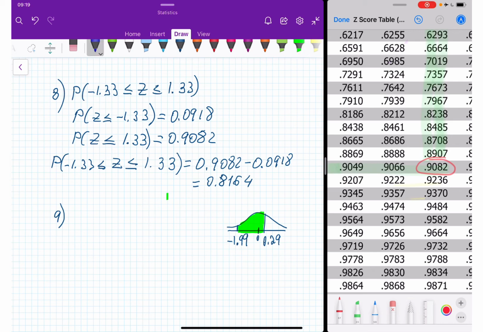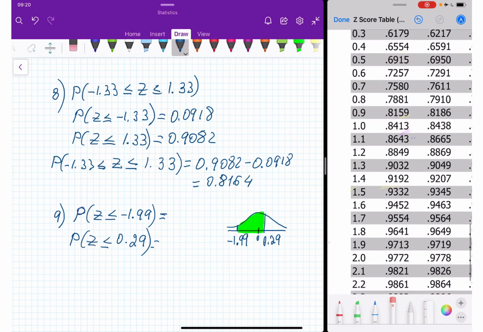Okay, so probability for z-score less equal negative 1.99, and then we need to find probability for z-score less equal 0.29.